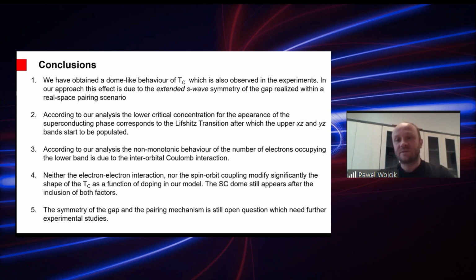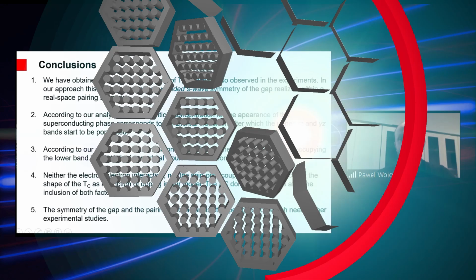So it seems that our theory is able to describe the characteristic shape quite well. Okay, but of course we are still waiting for the experimental results which are able to confirm that in this system we have the extended S-wave symmetry. Okay, thank you very much for your attention.